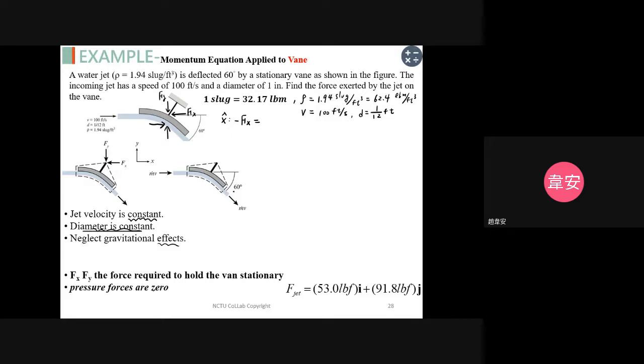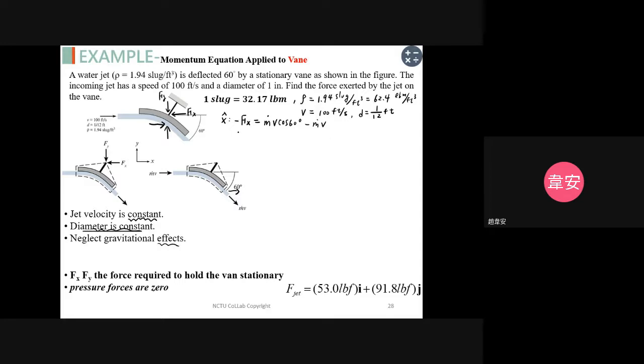So there is the outflow momentum. The outflow momentum is the mass rate times V projected to the x direction. So V multiplied by cosine 60 degrees, and we have the inflow here, so minus the mass rate times V, which is the inflow.